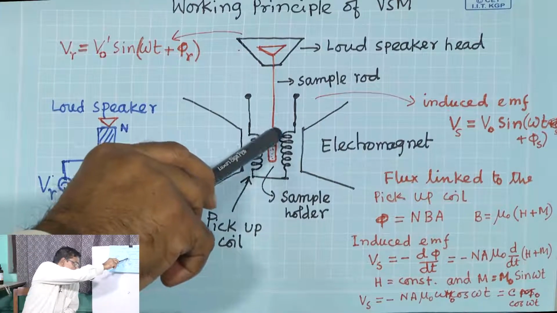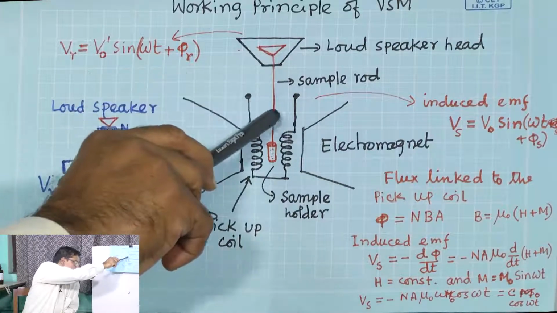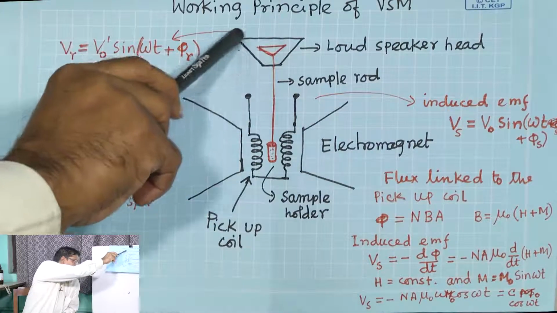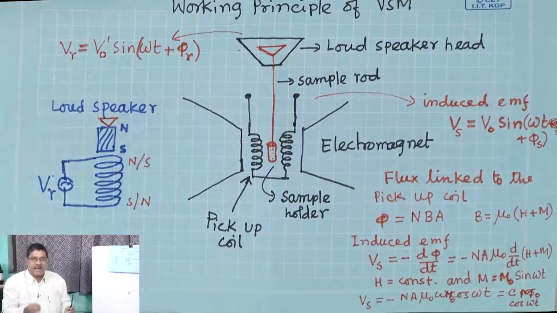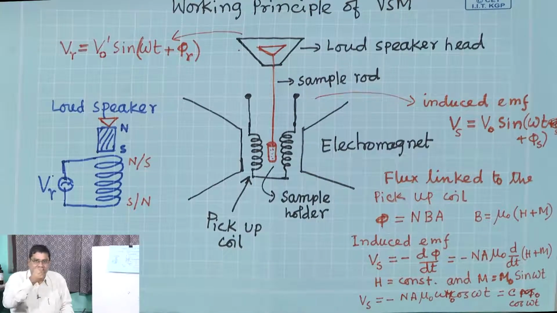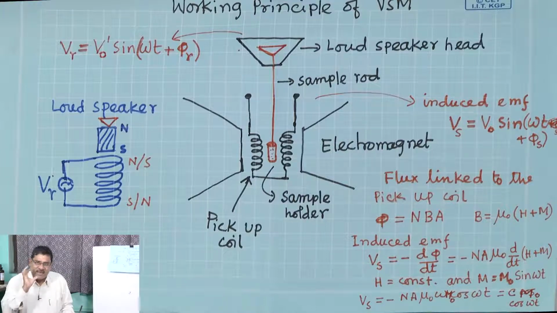This sample holder is attached to a rod, and this rod is connected here to the head of a loudspeaker. You know a loudspeaker. We speak normally, but people can hear loudly. The loudspeaker is what does this amplification.